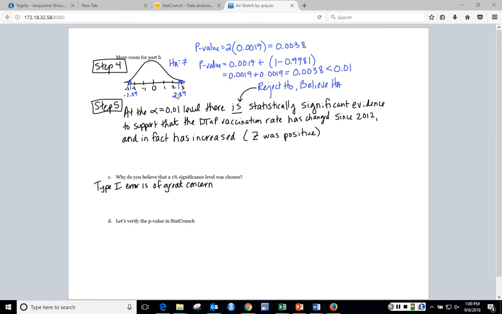What would it mean for us to do a type 1 error? Well, here in context, that would mean that we believe that the vaccination rate has changed, because we would reject the null, so we're going to believe that it has changed. The error, it really hasn't.